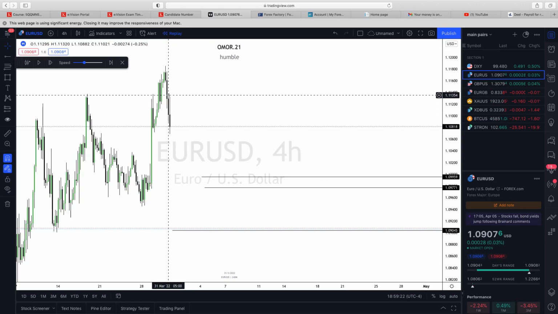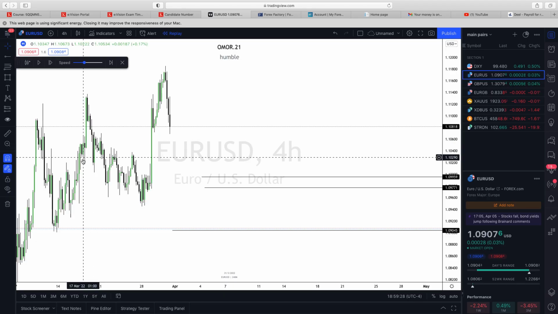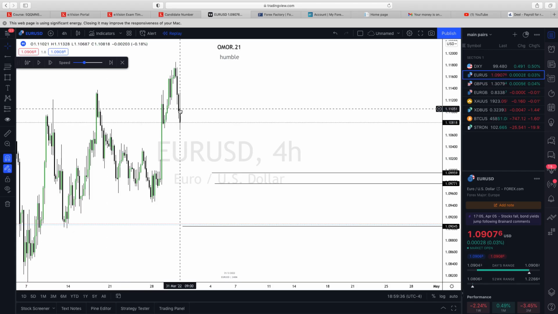I'm going to try to find another example for this because this is not the best example. I've seen better examples in past price action. I'll try to look for some, but for now, disregard these types of imbalances.